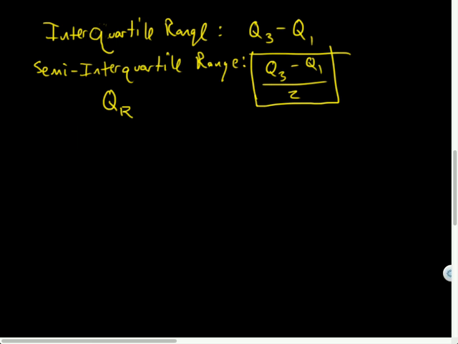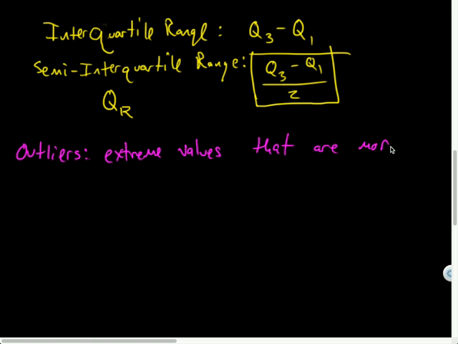Outliers are extreme values that are more than 1.5 times the interquartile range.